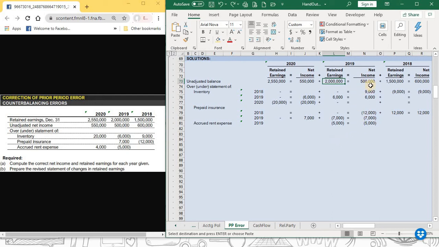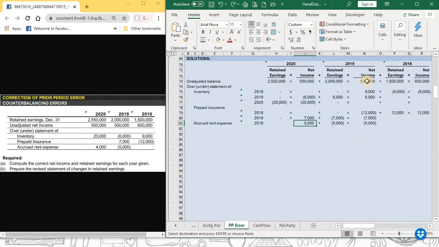So if the net income in 2019 is overstated, it means that in order to self-correct, the net income in 2020 must have been understated. And in order to correct the understatement of the 2020 net income, there must be an adjustment of addition of 5,000 pesos to the 550,000 net income in 2020.